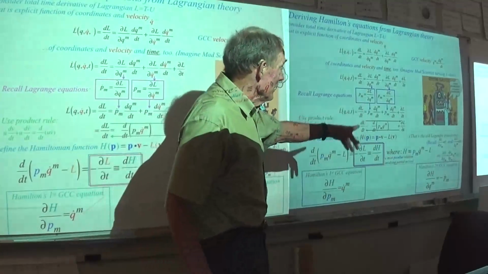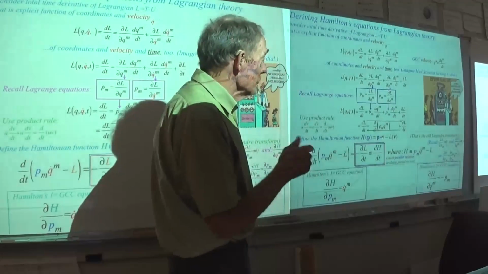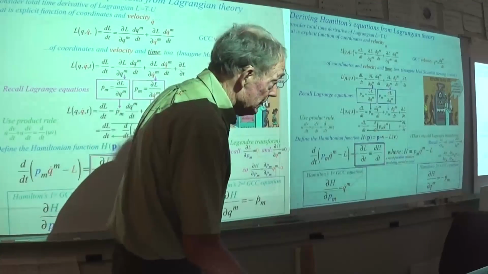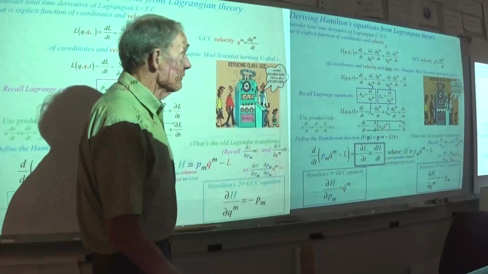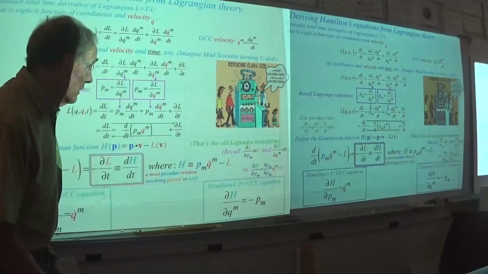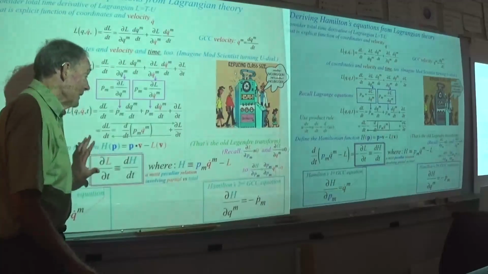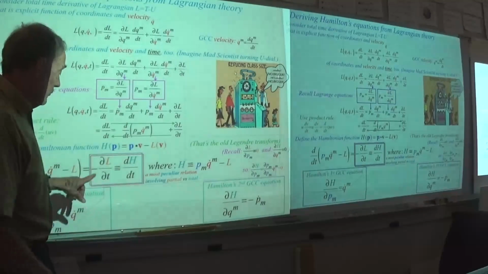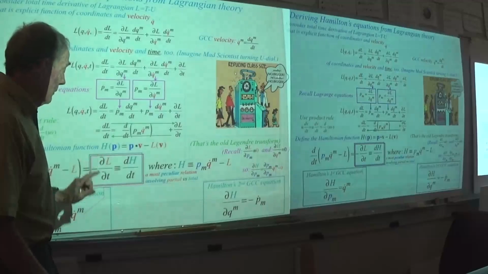Is there a mad scientist running, changing parameters in the experiment? If there is, then the partial derivative of L with respect to time will be, by analogy, non-zero.